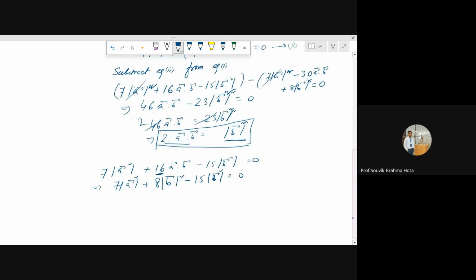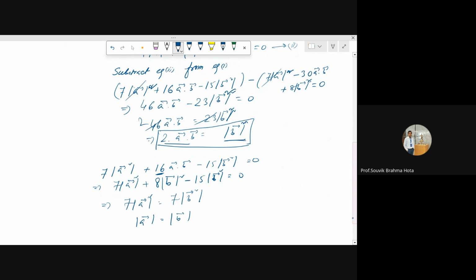From that, what can we get? 7a square is equal to 15 minus 8, so this becomes 7b square. Therefore you can say mod of a vector is equal to mod of b.